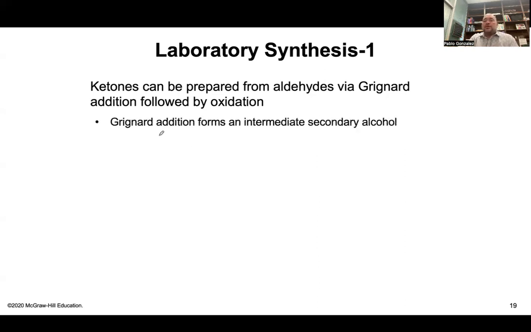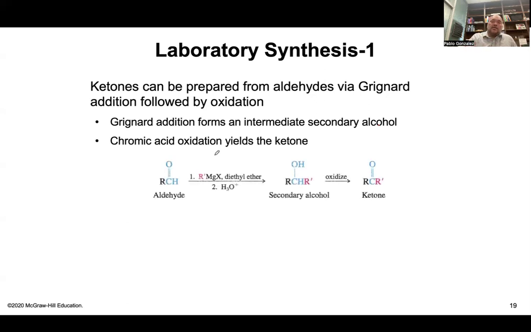So the Grignard addition forms an intermediate secondary alcohol, and then that alcohol can be oxidized using chromic acid to produce the ketone. In this case, the chromic acid is not going to take the secondary alcohol to the carboxylic acid. It's just one oxidation that produces the ketone.